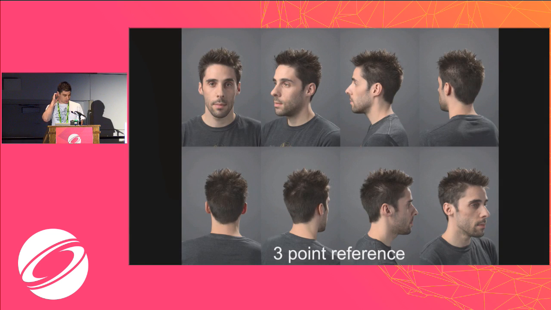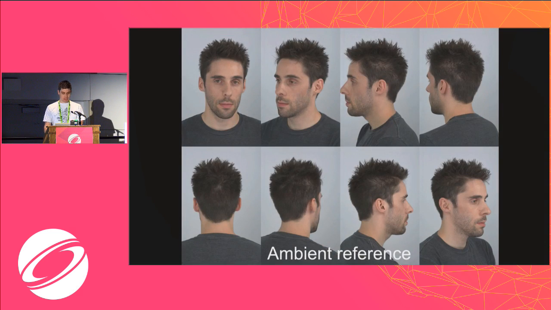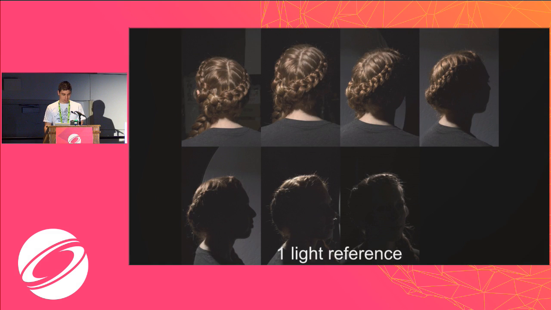In addition, we also had a professional stylist come into the studio and style some people's hair to look like those of characters that we would have in Paragon. In this case, this is a 3-point lighting setup for the character Twinblast. Here is ambient light reference. And this is a single light for the character Sparrow, seeing what the lighting looks like from a number of different directions.